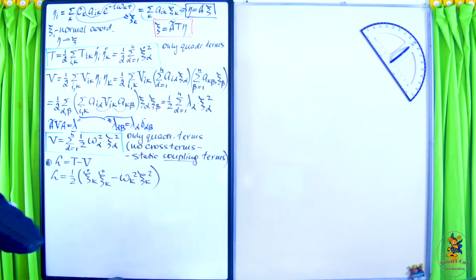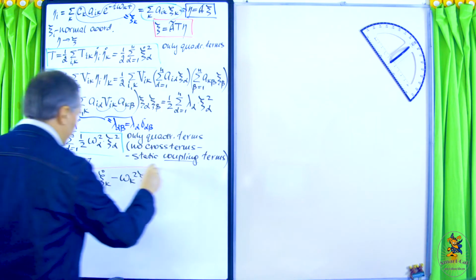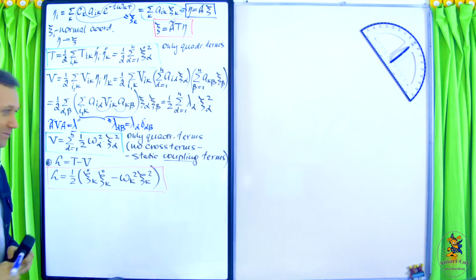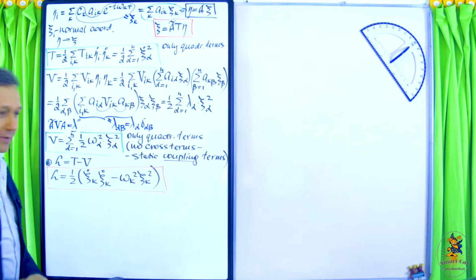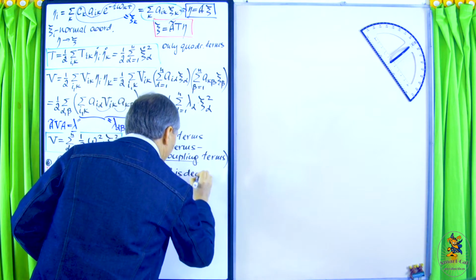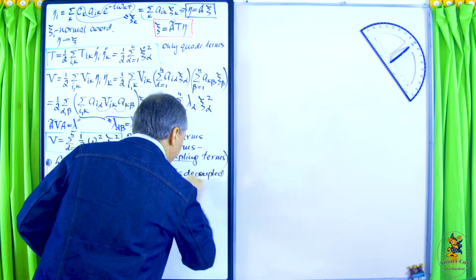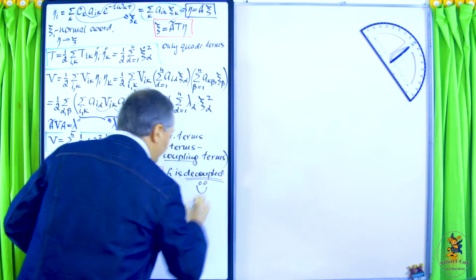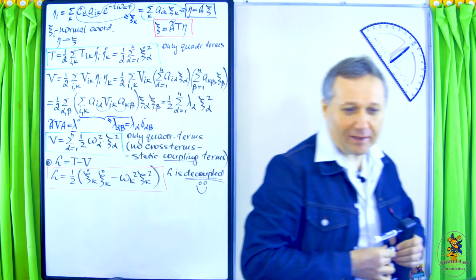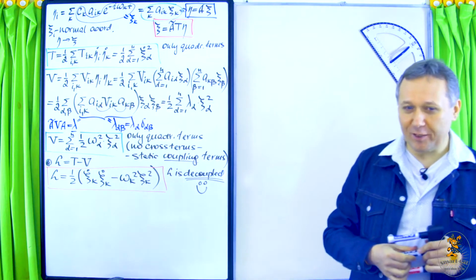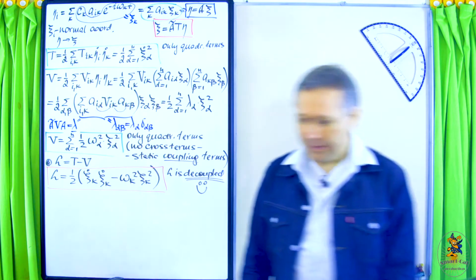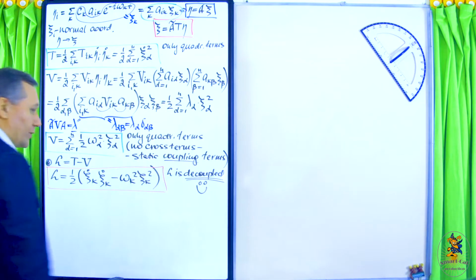Okay, maybe I should frame it. So again, no coupling terms. So the Lagrangian is decoupled. That's the goal of any possible simplification of the problem. If you can write a Lagrangian which is decoupled, what else can you dream of, right?